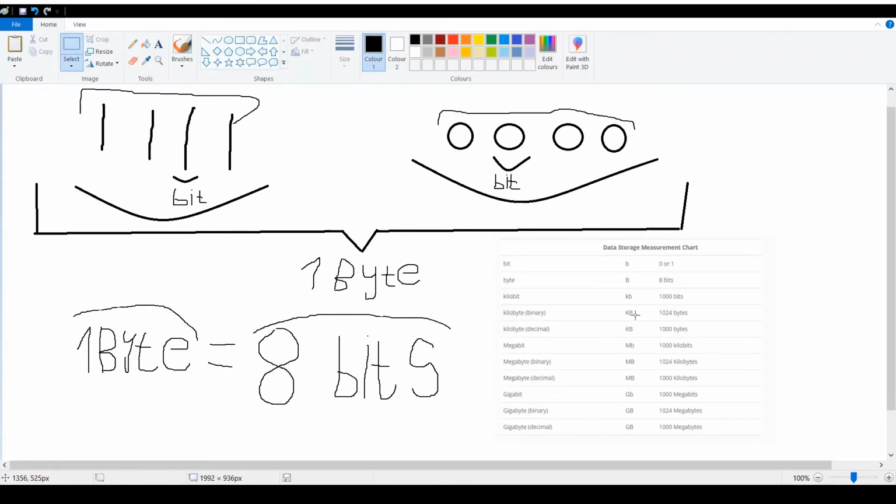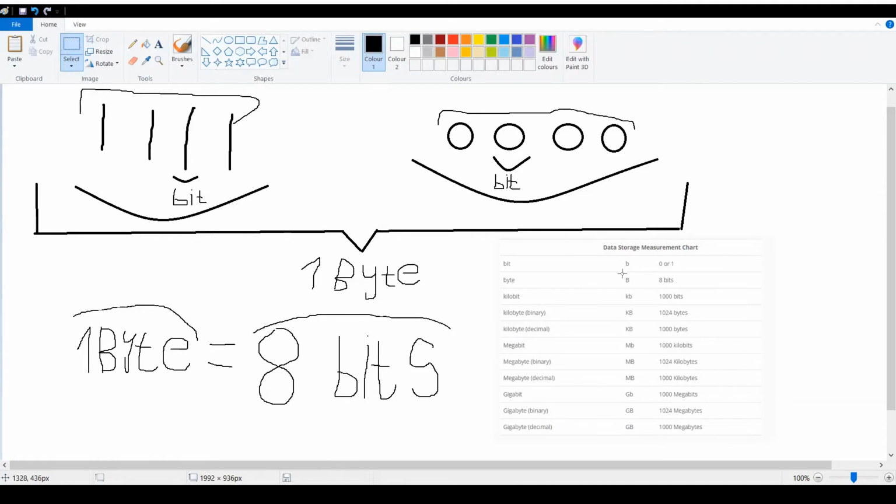Now we have another table that shows us something else. It also shows us that 1 bit is a 0 or a 1, a byte is 8 bits, like we discussed. But take a look at the letters. When we are talking about a bit, we will always see a lowercase b.